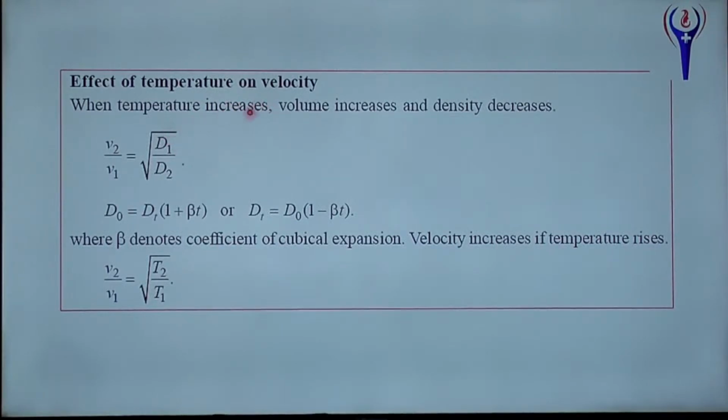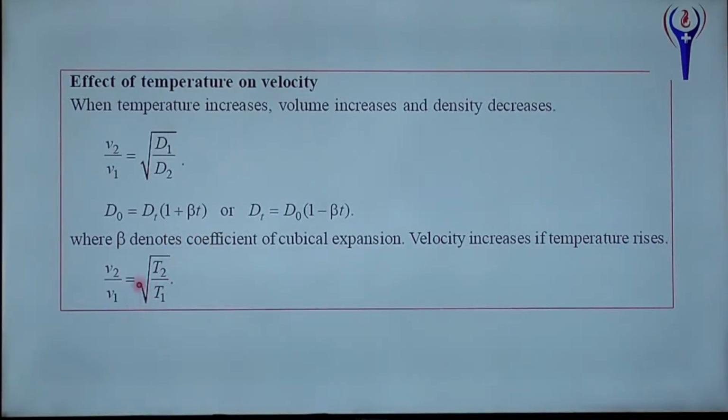Effect of temperature on velocity: V2 by V1 equal to square root of D1 by D2, in terms of beta as cubical expansion. That is a volume expansion we are doing. So based on that, V2 by V1 equal to square root of T2 by T1. We studied the coefficient of linear expansion, coefficient of areal expansion, and volume expansion.